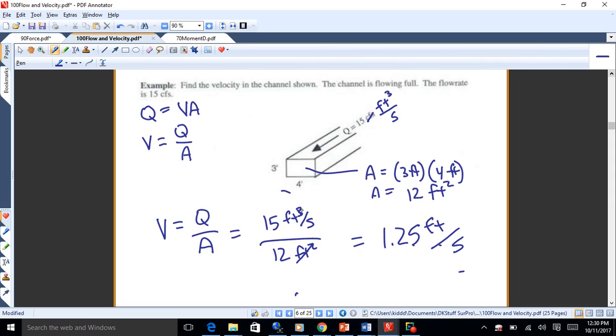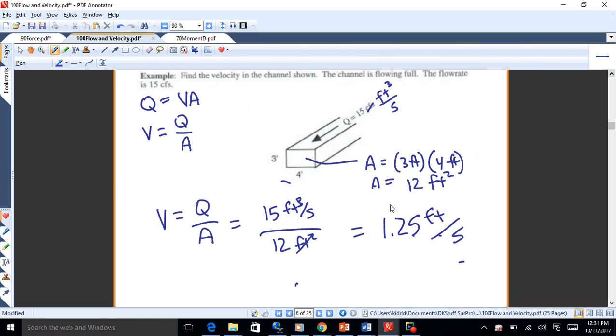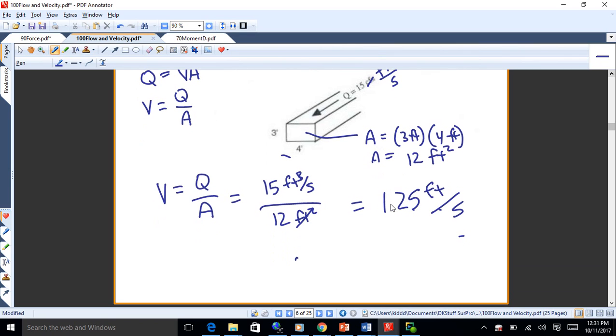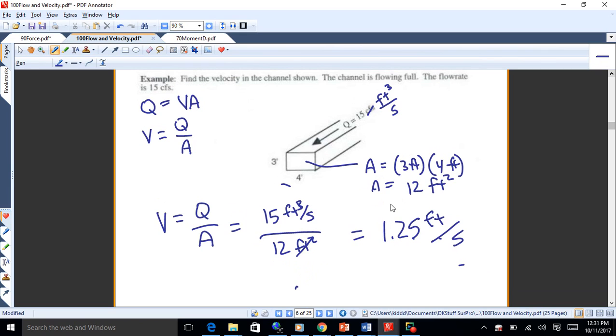Square feet cancels out 2 of the 3 of the cubic feet, so that leaves you with a foot per second. Everybody all right with that? Okay, good. Right, so that's just that formula there. It's just Q equals VA.